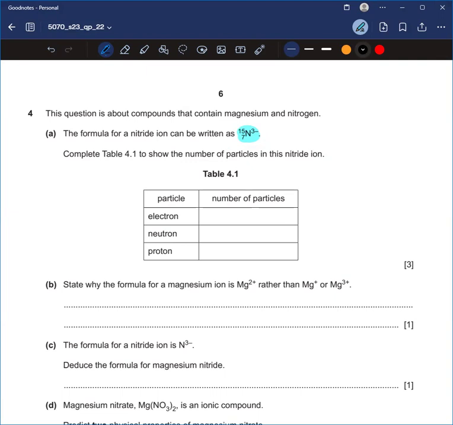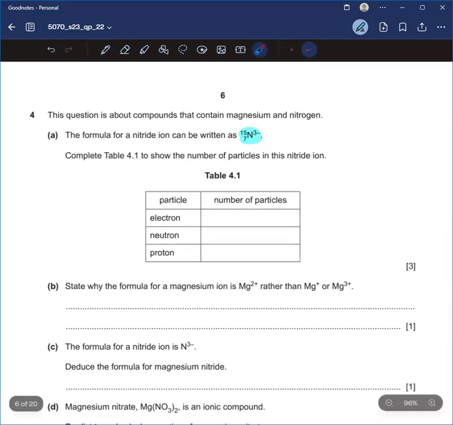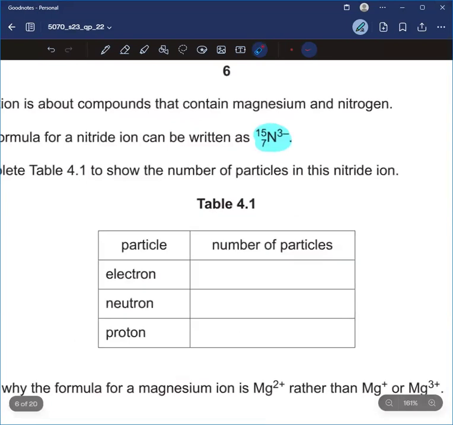Here it is 7 and it is 3 negative. Let me zoom in. Here it is 3 negative. I told you that if it's negative, we'll add it. 7 plus 3 equals 10. 10 electrons, right, 10 more.